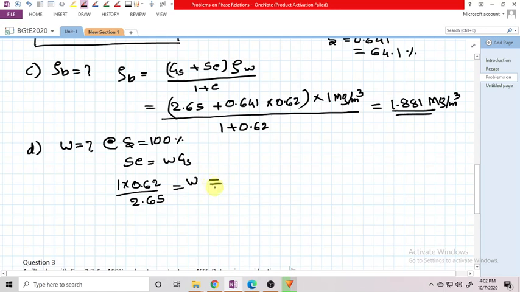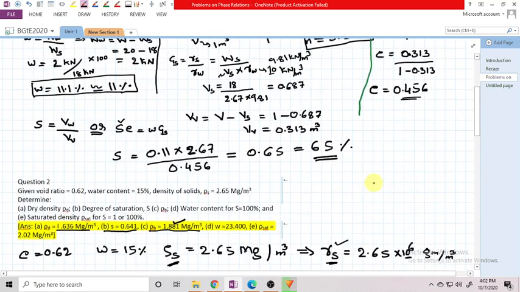Calculate how much you get for the water content. You should get a water content of 23.4%. So this is the water content at S equal to 100%.